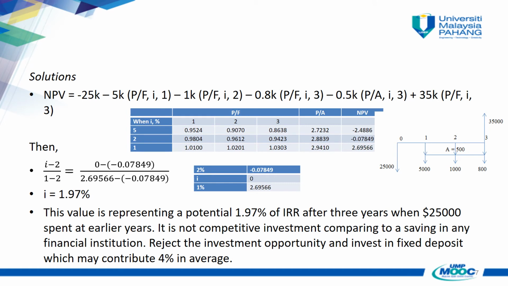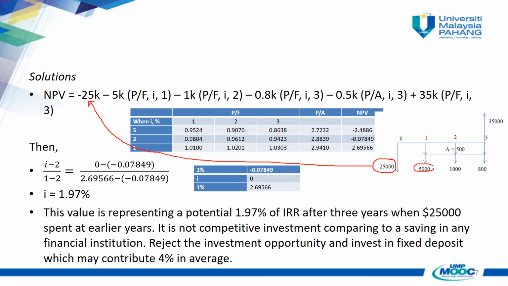As usual, we need to develop an equation for the NPV. The first thing is this 25,000, which is our present value of money. After that we need to pay 5,000, 1,000, and 800 in the first, second, and third year of our investment.